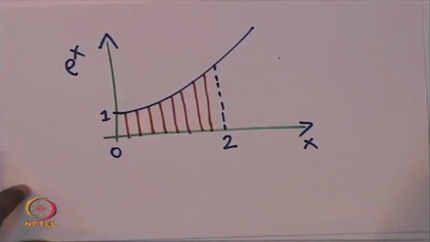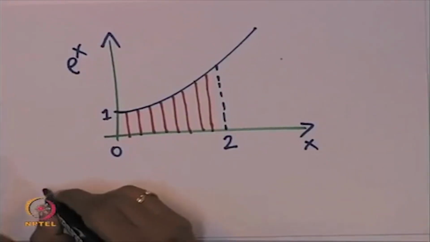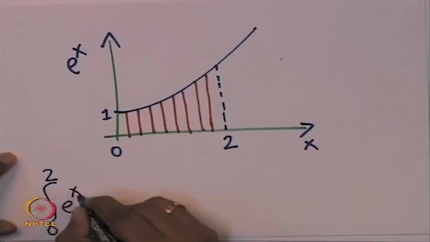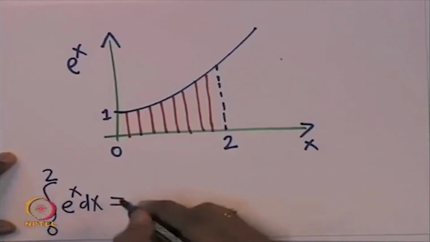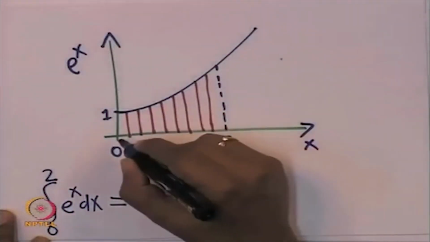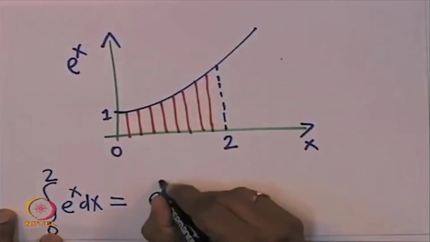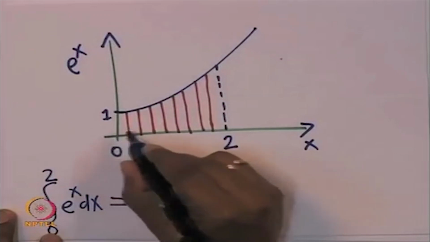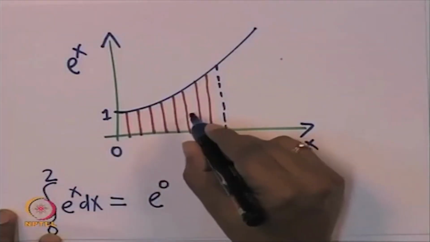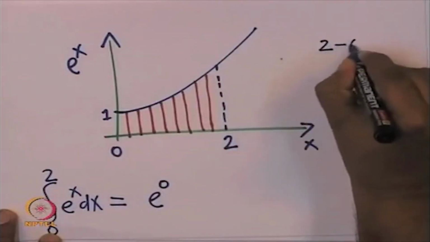According to what we said, the integral 0 to 2 e power x dx will be equal to, you divide into many parts. First, let us take at 0. So, this is e power 0, and let us divide this into equal intervals. We divide this into n intervals between 0 and 2.